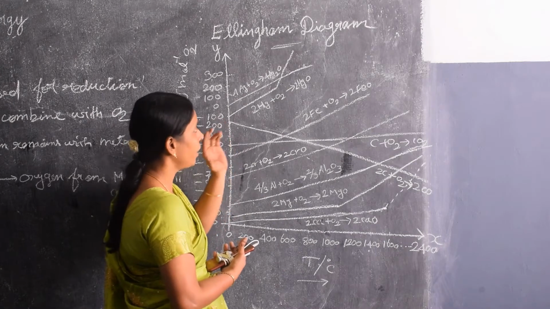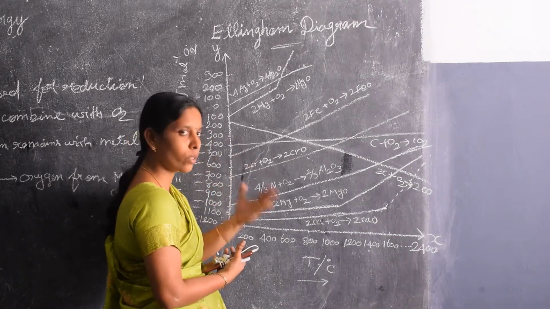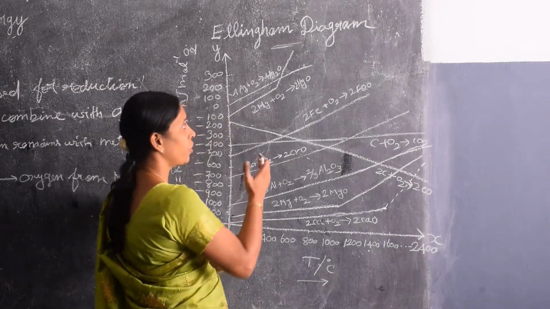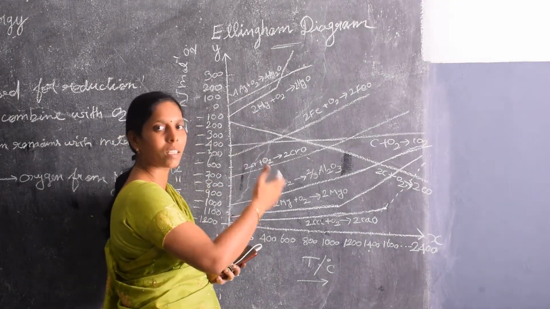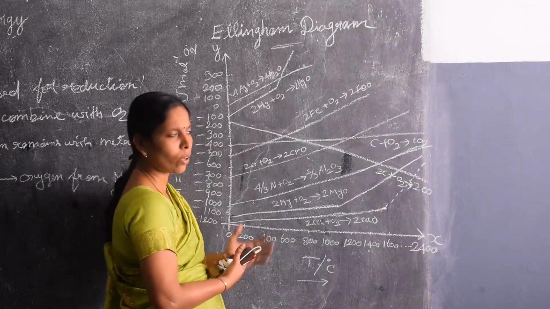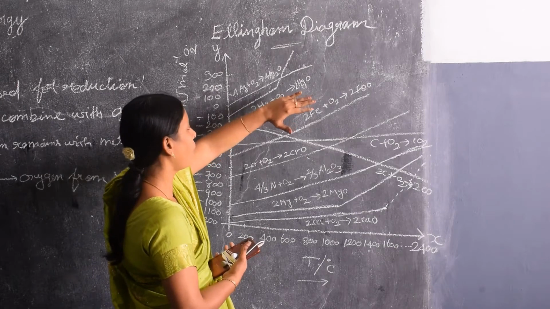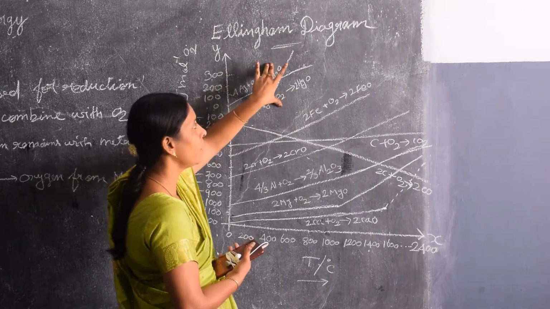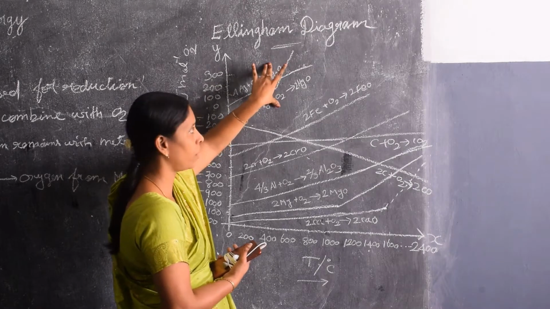Even in the absence of the reducing agent, it will decompose easily at the temperature 400 Kelvin and 600 Kelvin for mercury oxide and silver oxide. Okay, so this is the upper part of the diagram, mercury oxide and silver oxide.